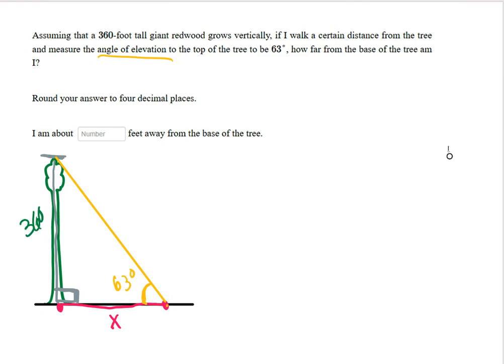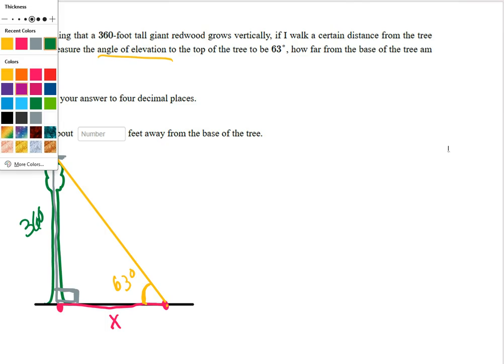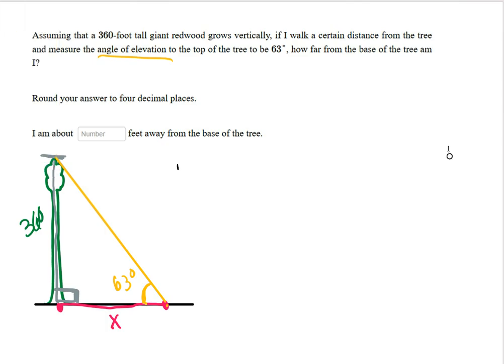So what I'm looking at here is a right triangle. I have a right triangle that is 360 here, 63 degrees there, and I have no idea what that is. And they are asking me how far from the base of the tree am I?